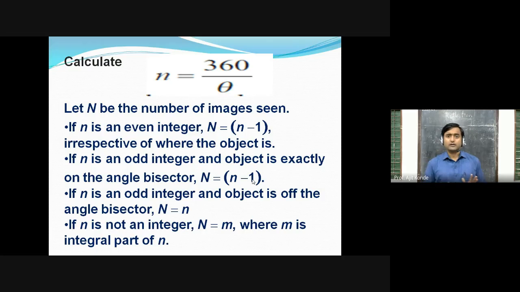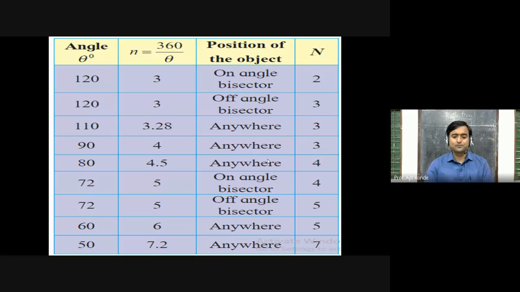Okay, now we will apply this rule on the problems. See this table, see the first one. If the angle between two plane mirrors is 120 degrees, then theta is equal to 360 divided by 120, answer comes to be 3.